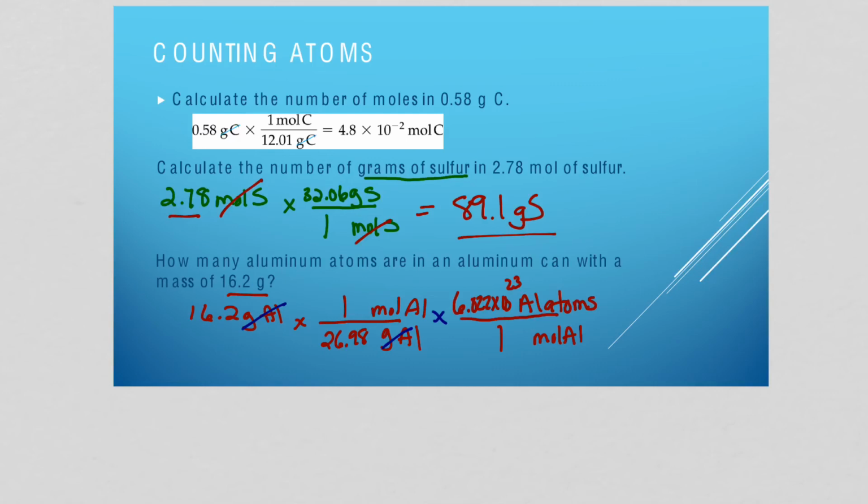Again, my units cancel, my moles cancel top to bottom in dimensional analysis, and I should be left with aluminum atoms as my unit, the way I want it. So I'm going to do my math, and I'm going to end up with 3.62, so 3 significant figures based on my original number, times 10 to the 23rd aluminum atoms.